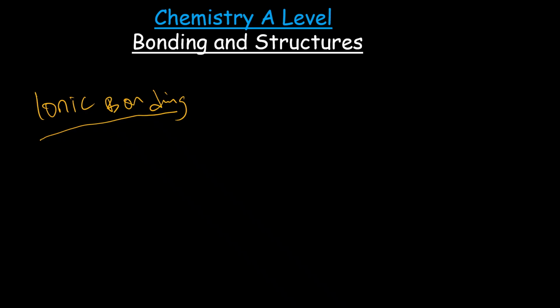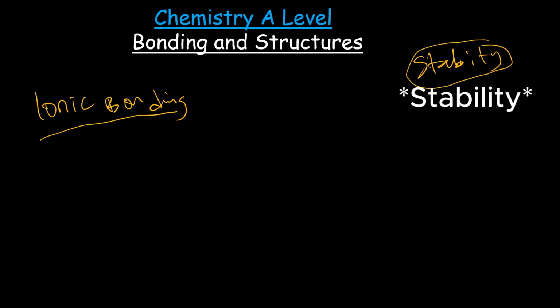Most of the atoms are not stable due to an incomplete number of electrons in their outer shell. Because of that, some of them will undergo different types of bonding: ionic bonding, covalent bonding, dative bonding, and the rest of them.